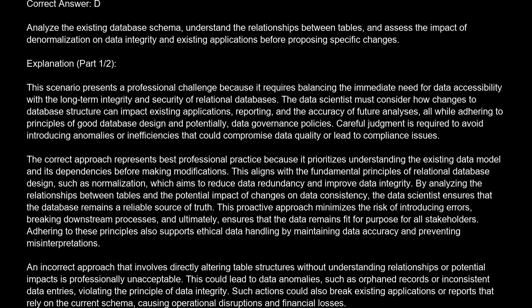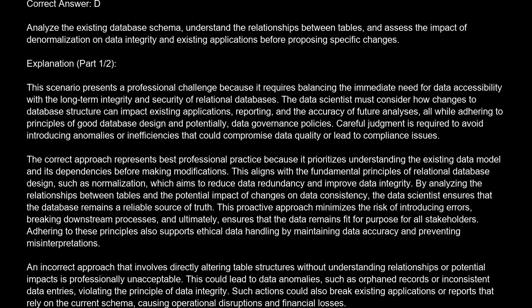The correct approach represents best professional practice because it prioritizes understanding the existing data model and its dependencies before making modifications. This aligns with the fundamental principles of relational database design, such as normalization, which aims to reduce data redundancy and improve data integrity.